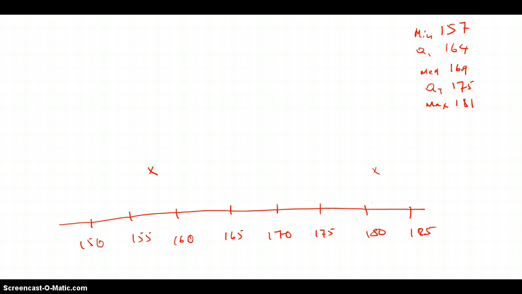Now for the next points, you can choose whichever one you want to draw first, but here is where you construct the actual box. So 164 will be around here. Since it's Q1, I'm going to start creating the box at this point. Oops, sorry for my not straight line. 175 will be here, so I'm going to start creating a line here.